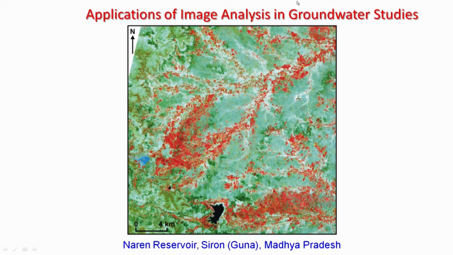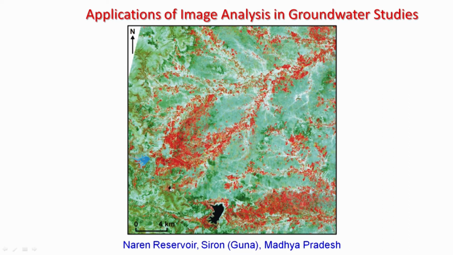But if you look at the area carefully, you would find that terrain-wise the area is the same, but in this part where the reservoir is there, in the downstream you are having more vegetation, but in other parts you don't see much vegetation because there is no water body. And here also we are having a reservoir, and in the downstream you are having growth of vegetation.